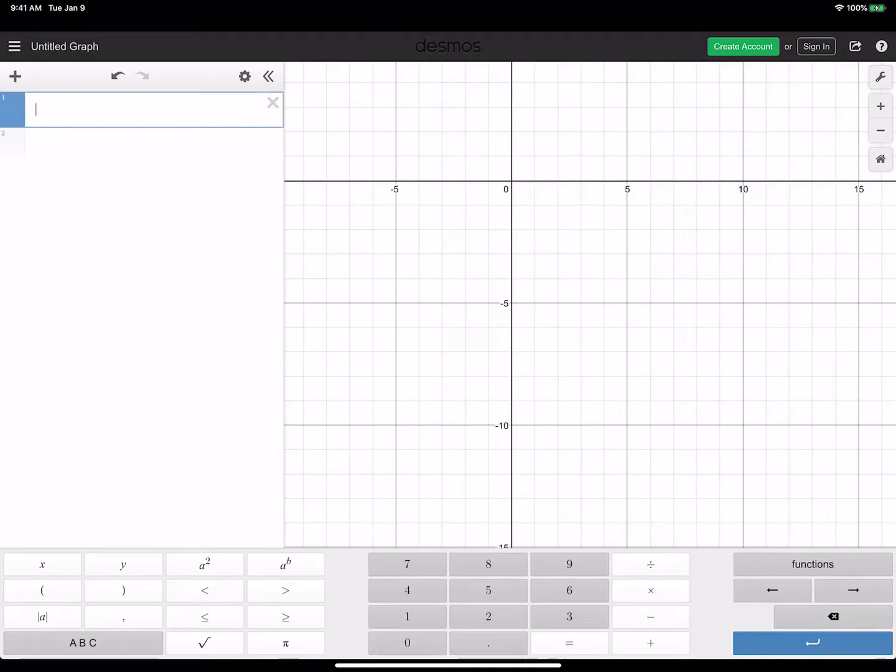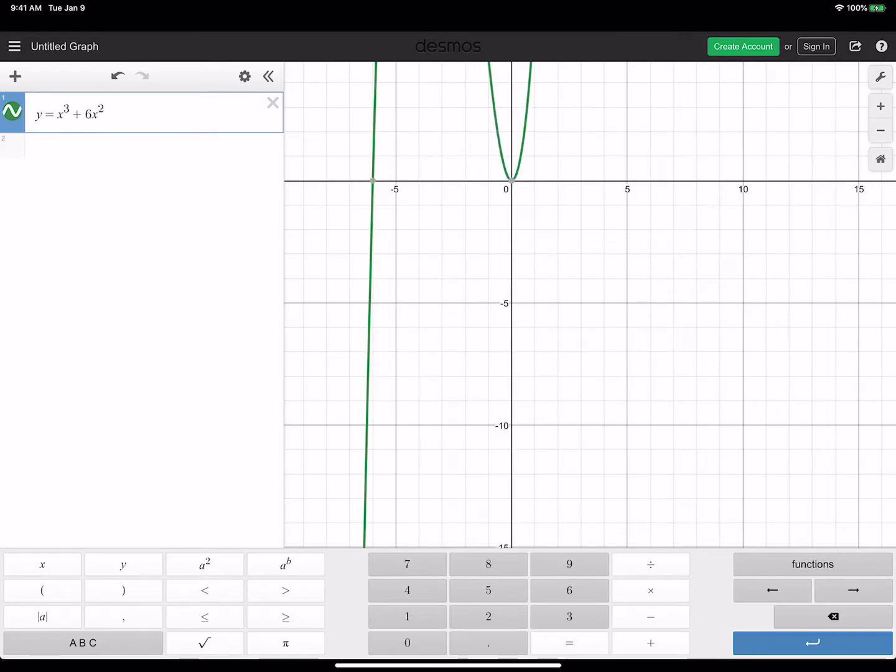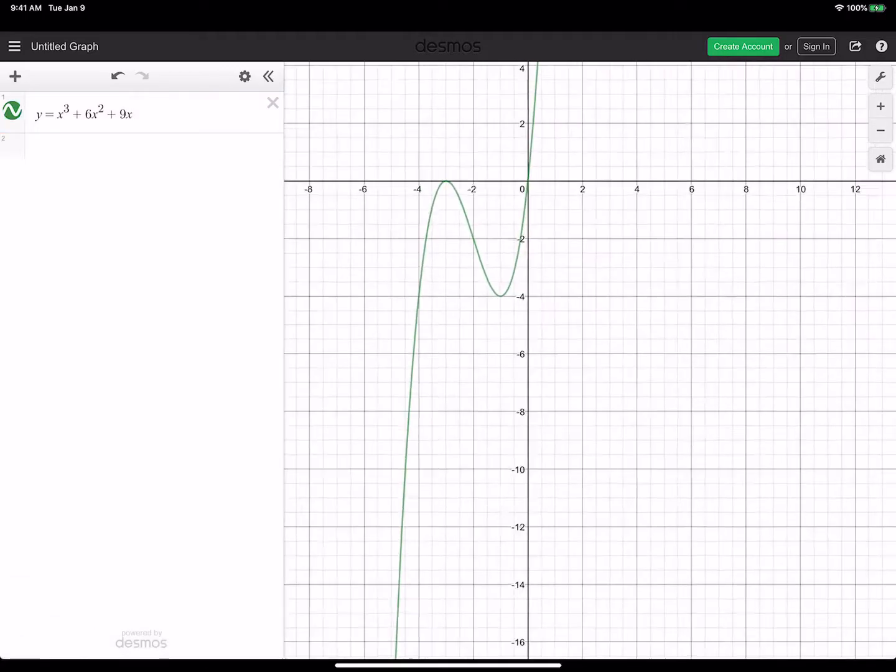What was this original curve here? y equals x to the third power, plus 6x to the second power, and then plus, I think, 9x.